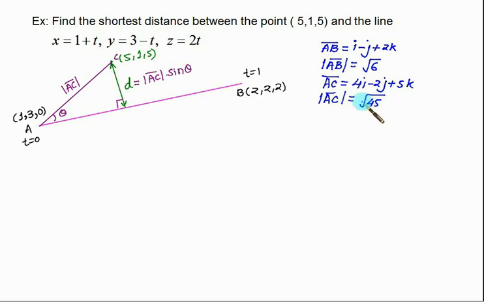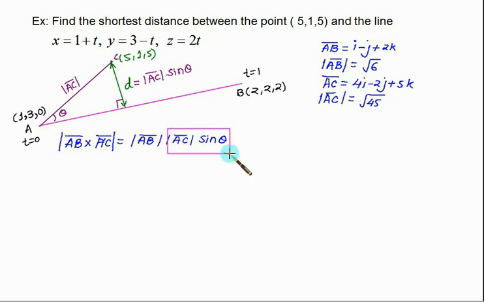Root 45. Now we'll take the cross product. AB bar cross AC bar is given by mod of AB bar times mod of AC bar times sine theta. If I take the modulus of this vector, because the last term is a unit vector and the magnitude of a unit vector is 1. What we are interested in is the distance D, and this distance D is mod of AC times sine theta.